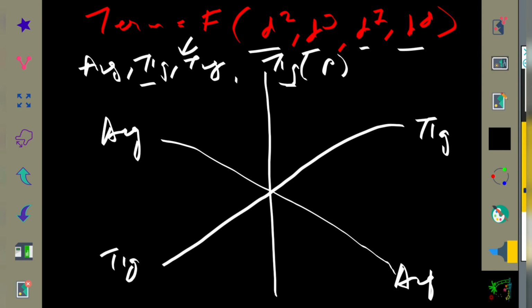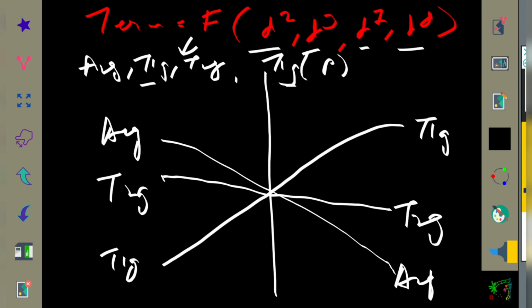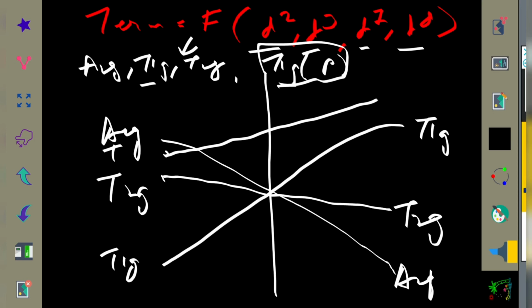Then it will be T2G, and since I said that one more will be there, T1GP, it will not overlap with T2G or AG, but can overlap with A2G. Okay, so here it will be T1GP, and here it is T1GP, right? So now this will be the Orgel diagram for these states.